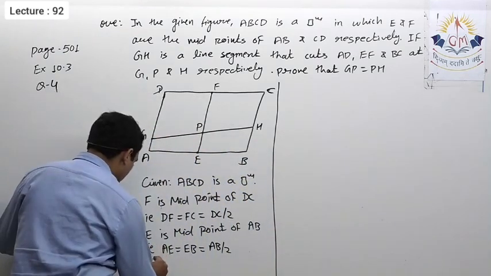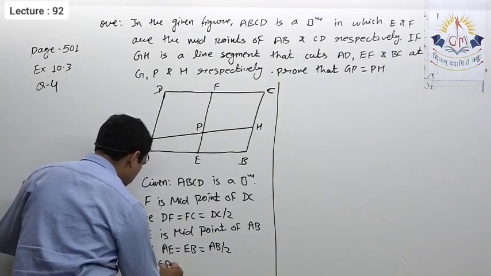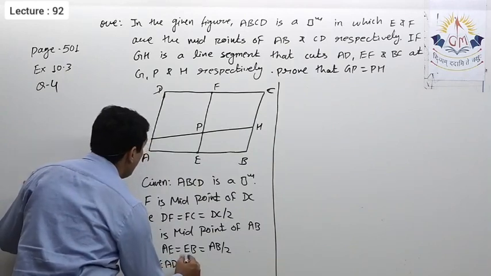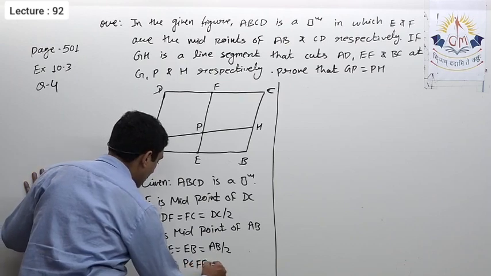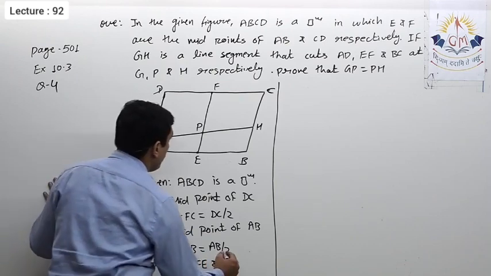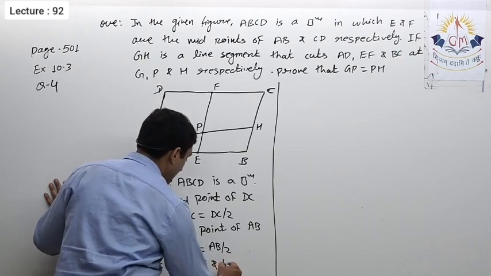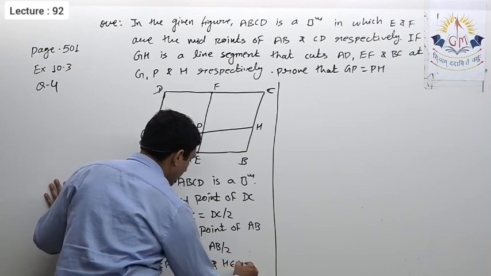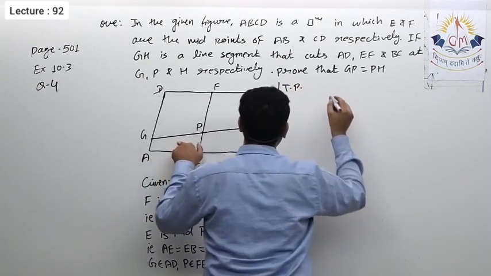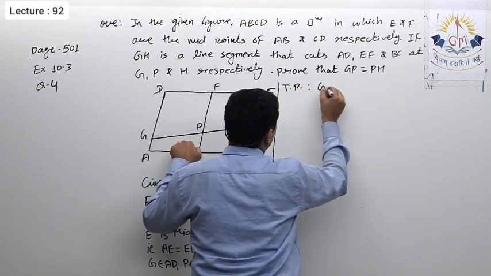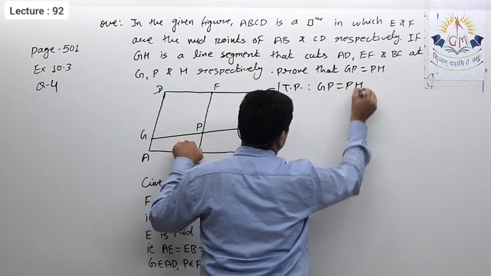G belongs to AD, P belongs to FE, and H belongs to CB. To prove GP equal to PH.